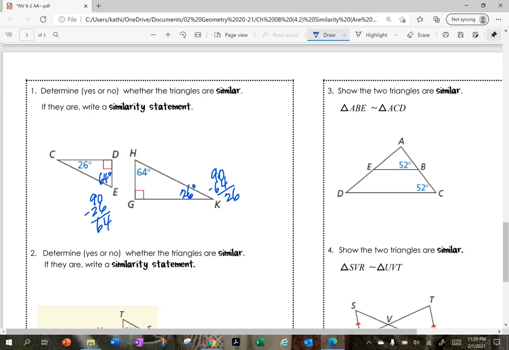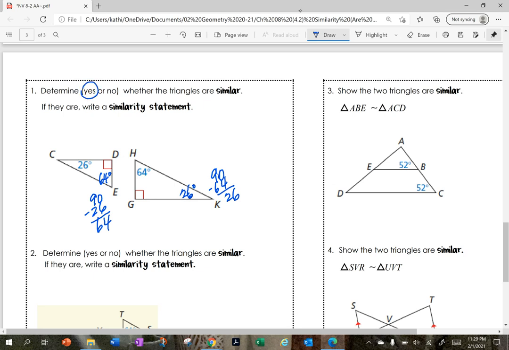So I can say I have two pairs of angles. I can either say 90 and 64, or 90 and 26, or 64 and 26. But either way, I just need two pairs of angles to say that my triangles are similar.